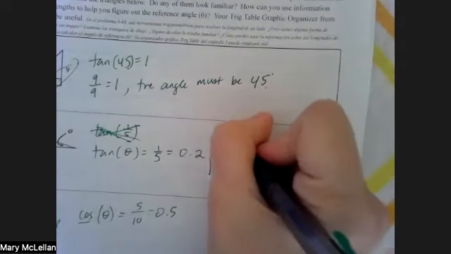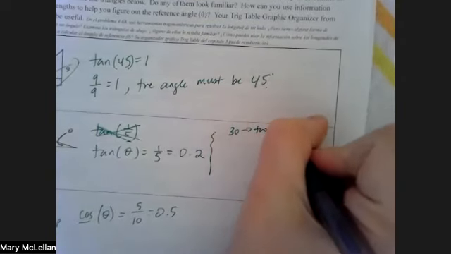I don't know if it's going to be very clear, but anyway, I'll try. Tan of 30 is 0.6. So 30, too big.